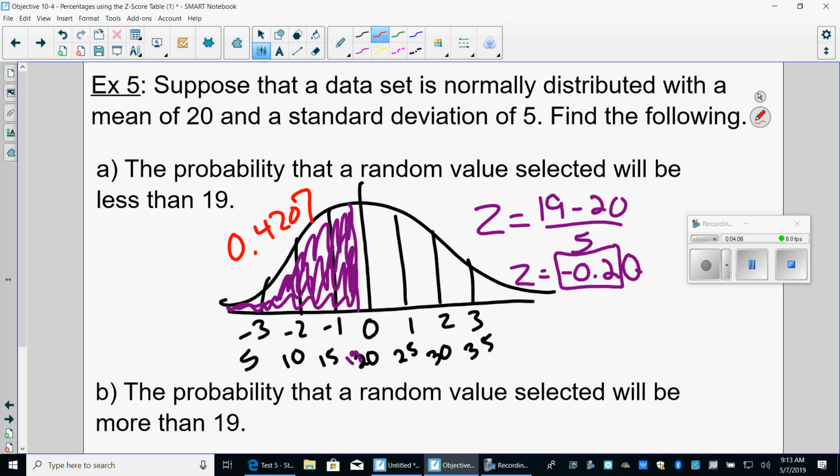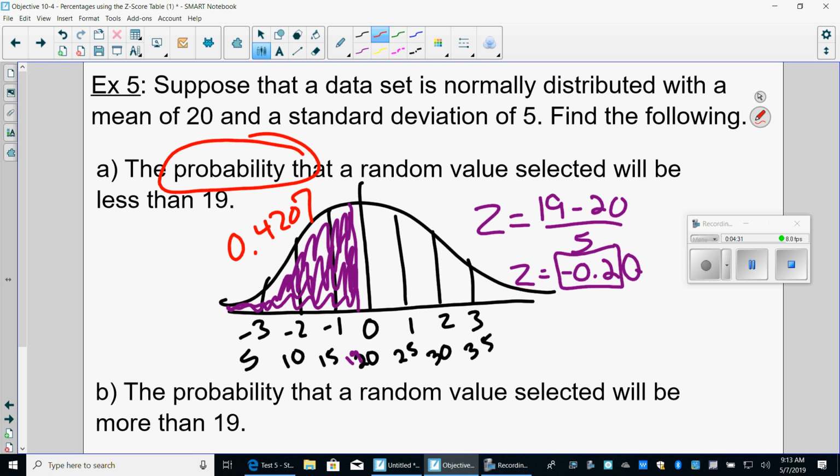And so 42% makes sense, okay? So here's my question. Do we want 42% or do I want 0.4207? What's the question asking for? Probability. So I want what? The decimal. So 0.4207. Okay?